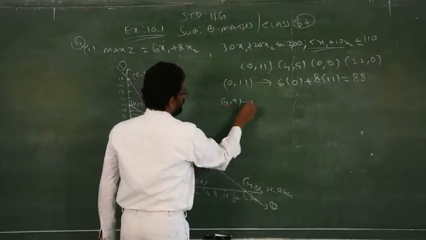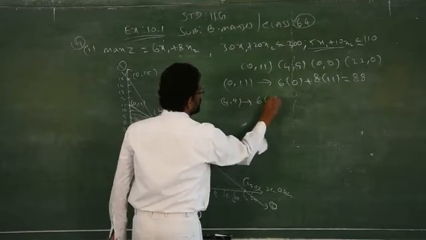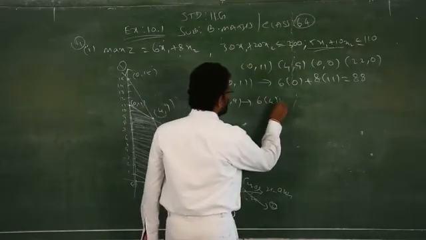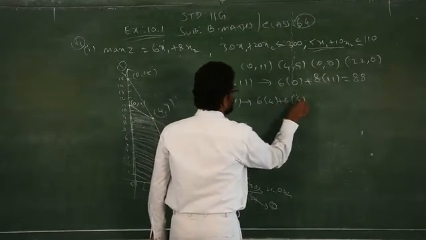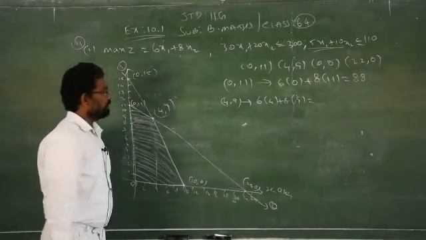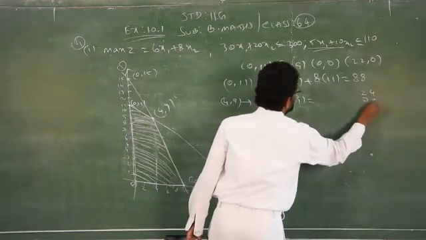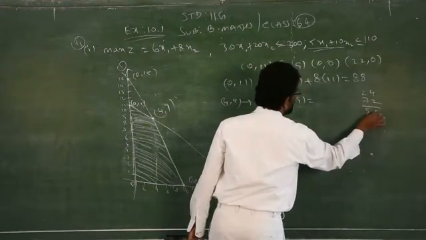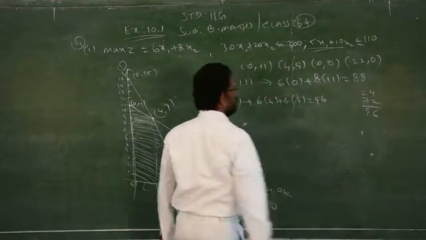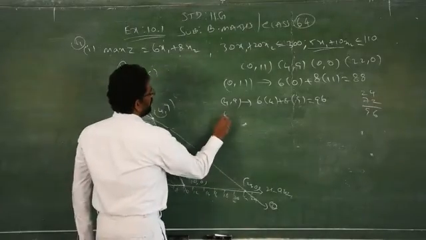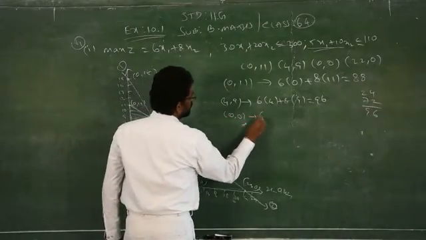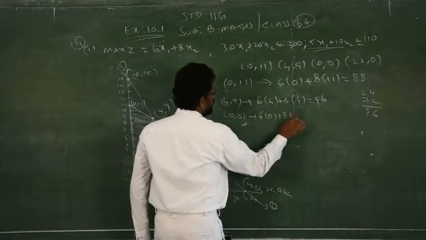What is the next point? 4, 9. Just replace x1 by 4 and x2 by 9. What will be the answer? 6 fours are 24, 8 nines are 72. 24 plus 72 gives 96. Next, point 0, 0, which gives 6 of 0 plus 8 of 0.